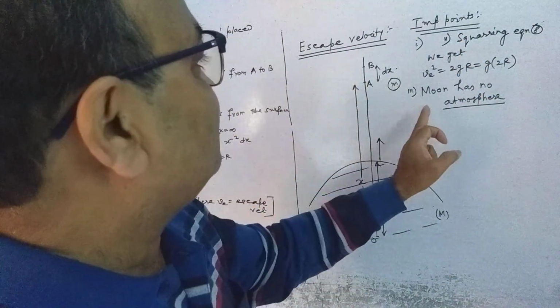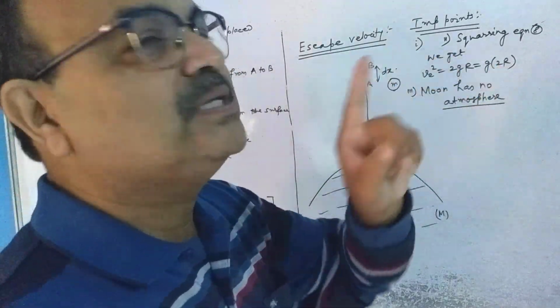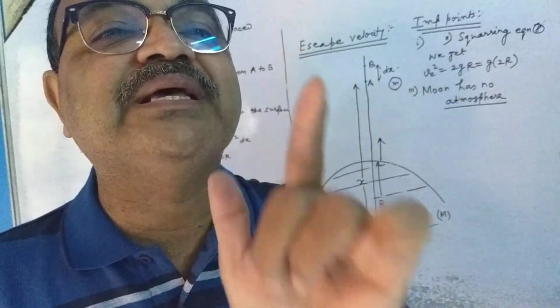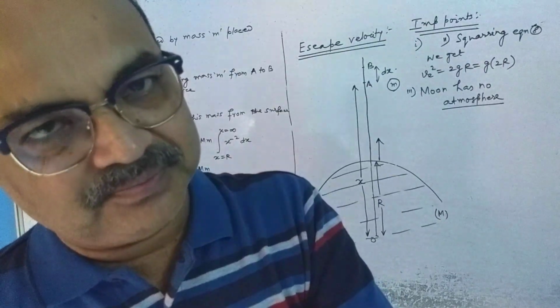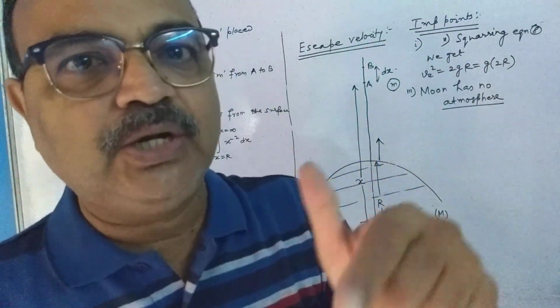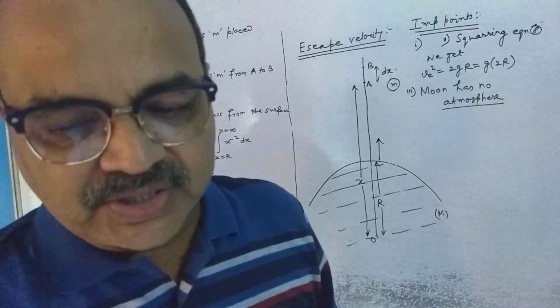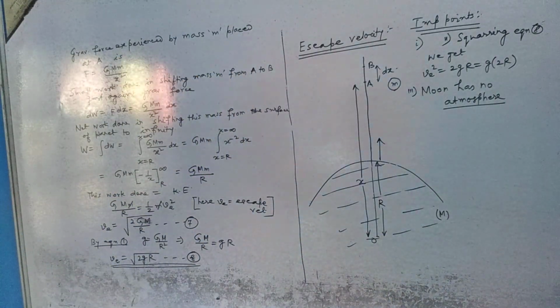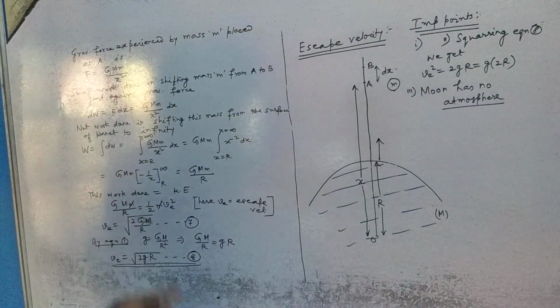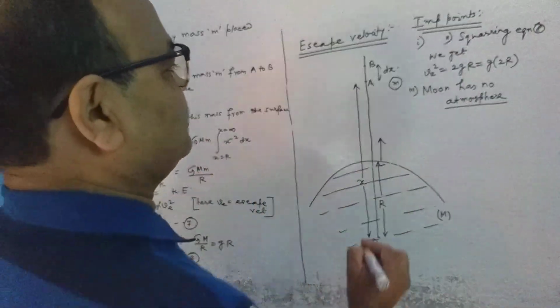So what happens? No atmosphere of the moon is due to the low value of the escape velocity on the surface of the moon, and as a result gas molecules velocity will easily cross it, exceed it. This is why moon has no atmosphere.